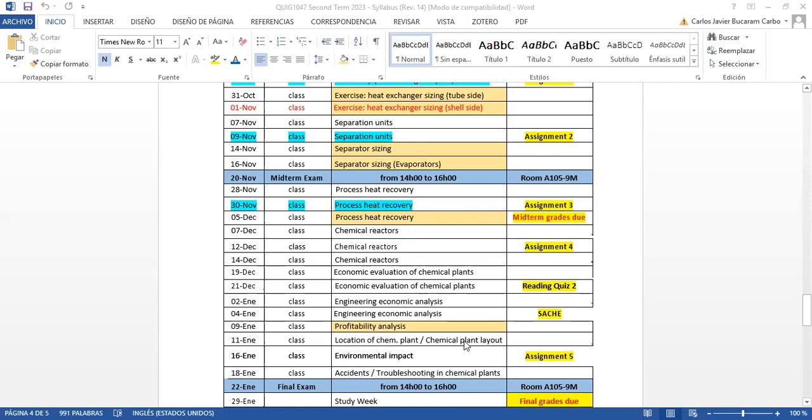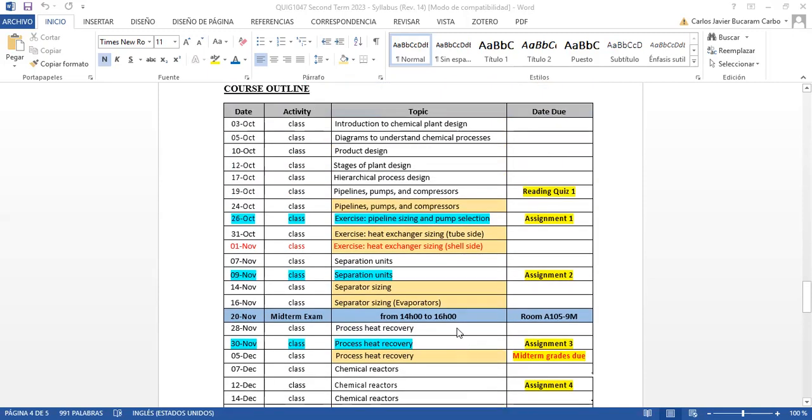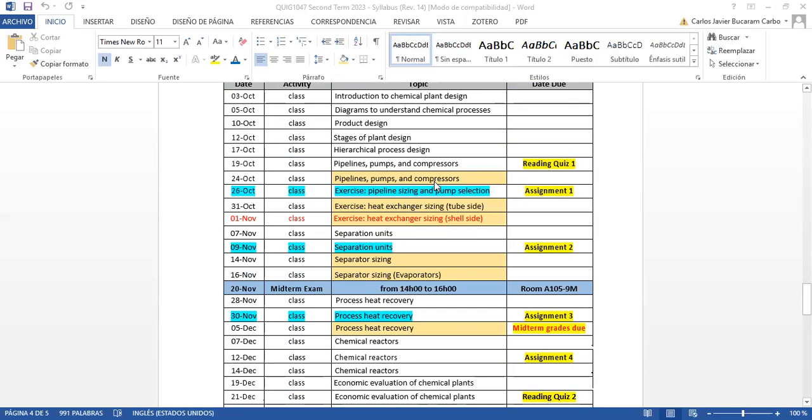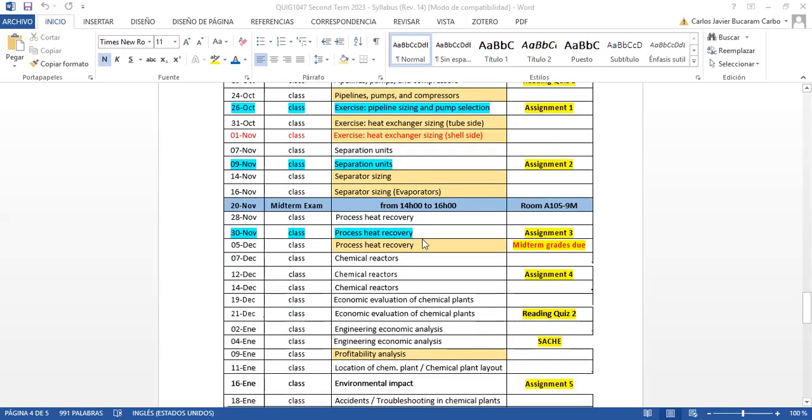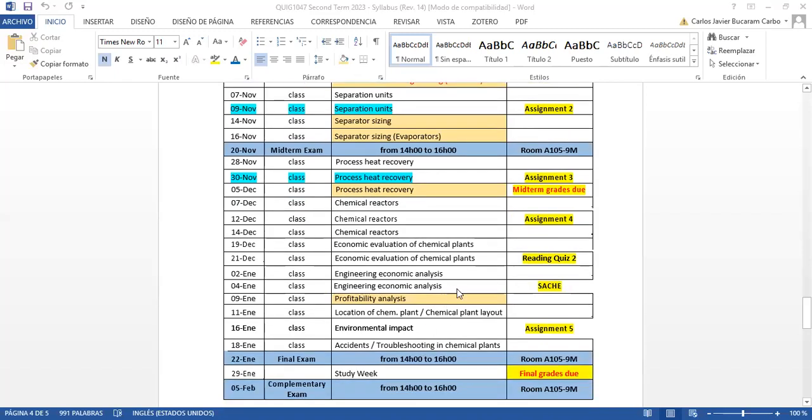You will see that the class mostly emphasizes process. We review different process topics like pumps, heat exchangers, and separations. Right now, heat recovery, and then we move on hopefully to reactors before we go on to the economics of the plant, and then just three complementary topics.